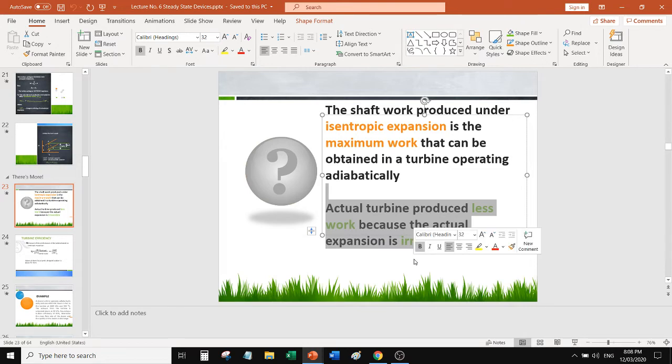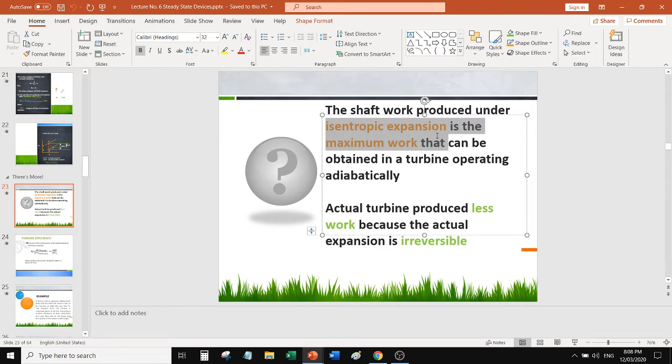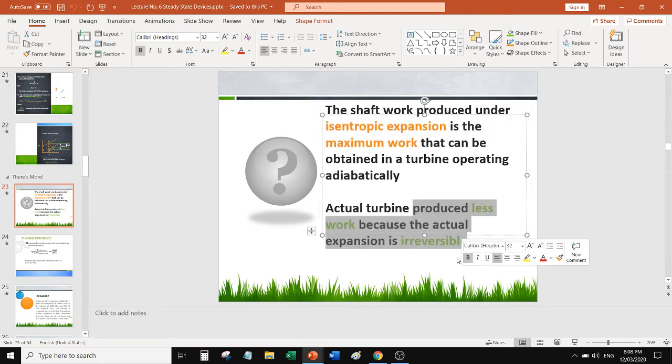Actual turbines produce less work because, what is the reason? The actual expansion is irreversible. The isentropic is reversible, Q is 0. But in reality, the actual expansion is irreversible.